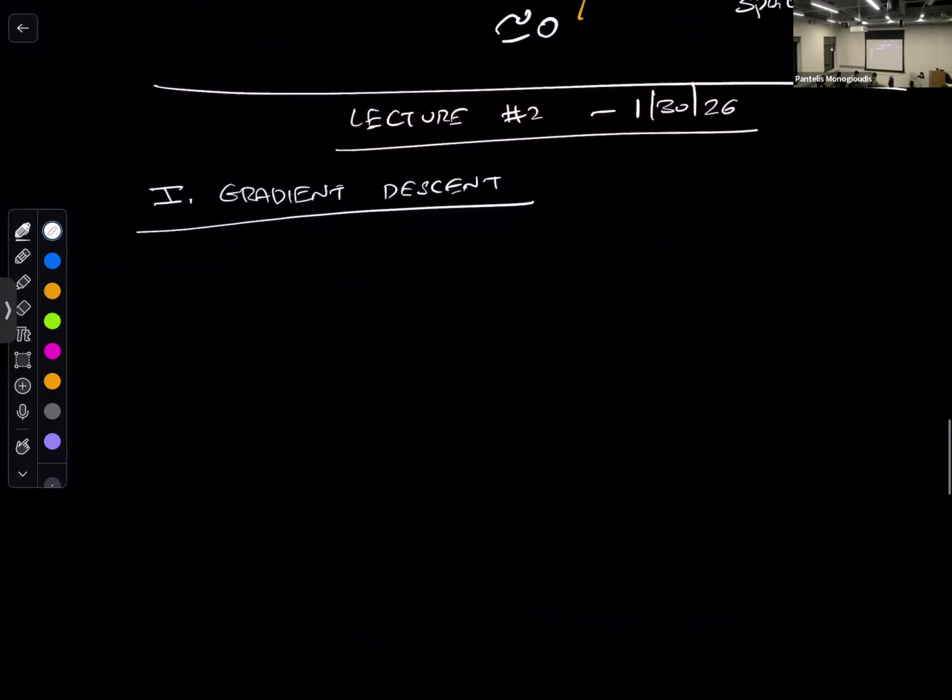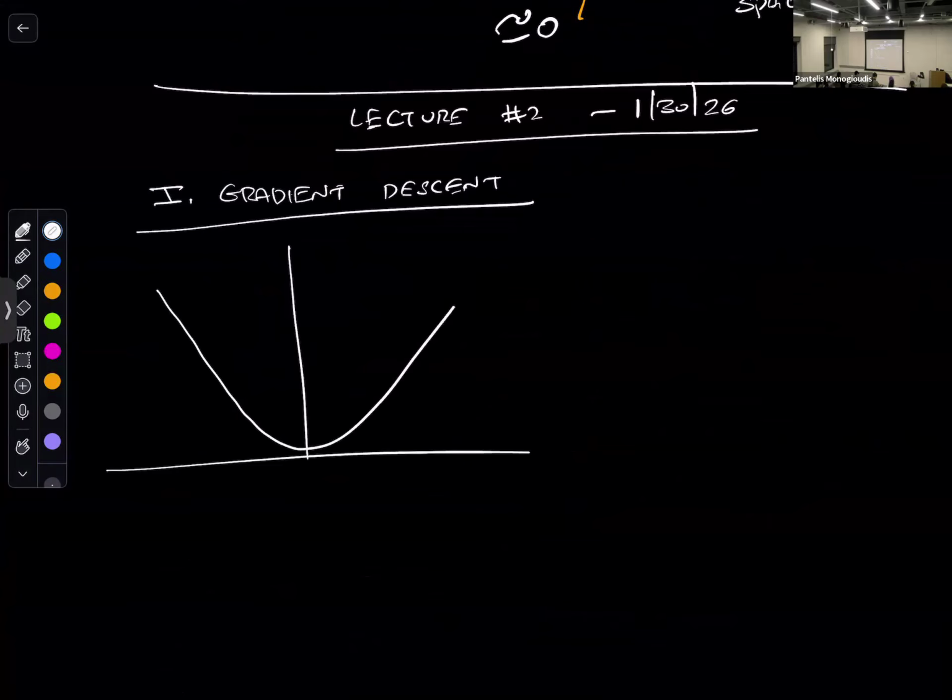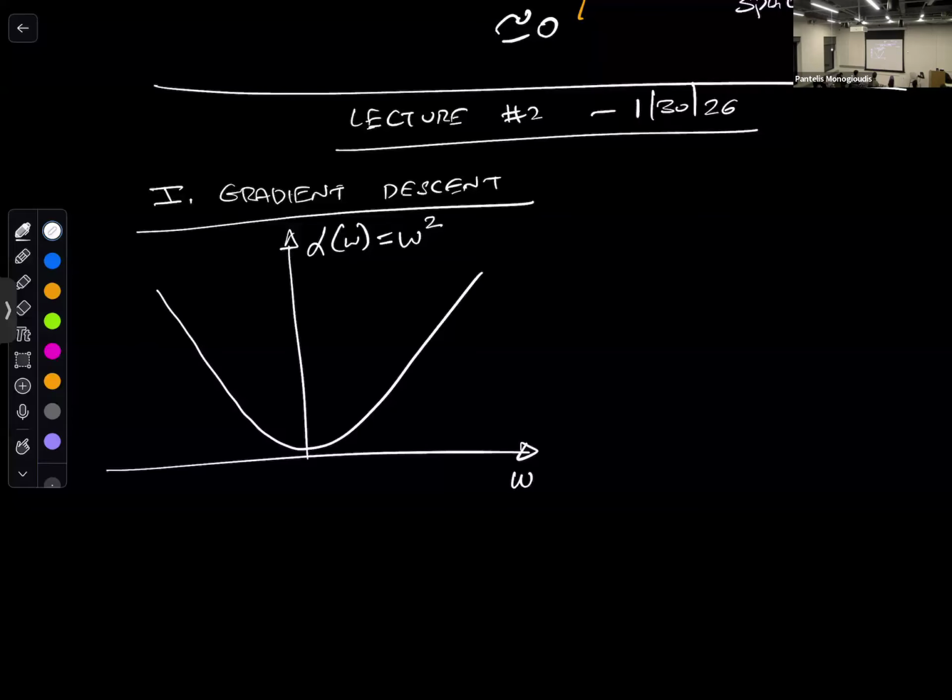Okay, so I hope you remember this function L of W versus W from earlier. Let's pretend that this is the function. It's as simple as possible. What do we call these functions, convex or concave?